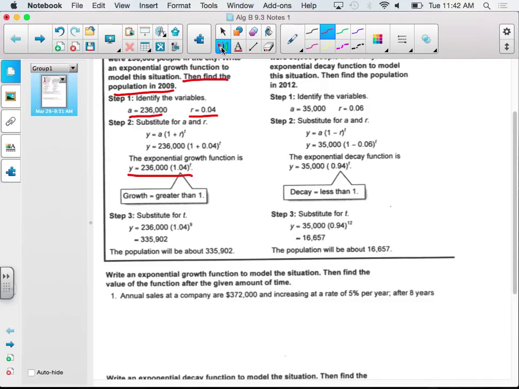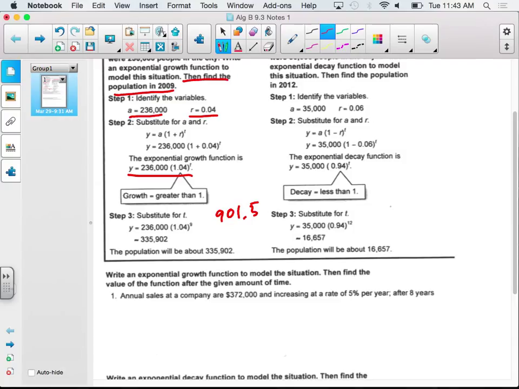Okay, and multiply that by 236,000. Okay, so the last thing of that was 902 or 1.5, right?